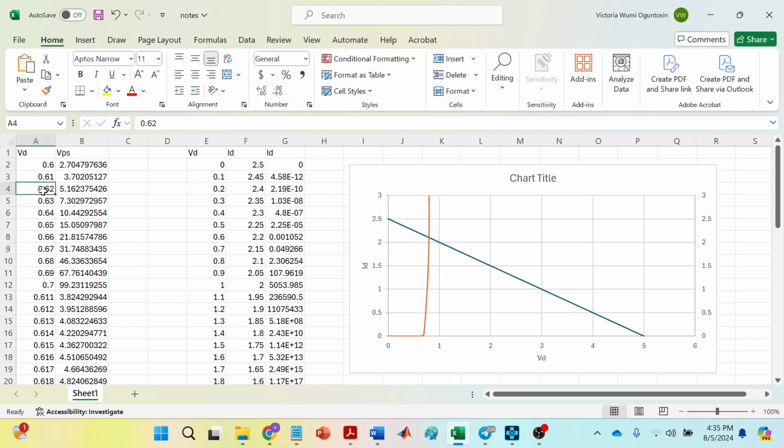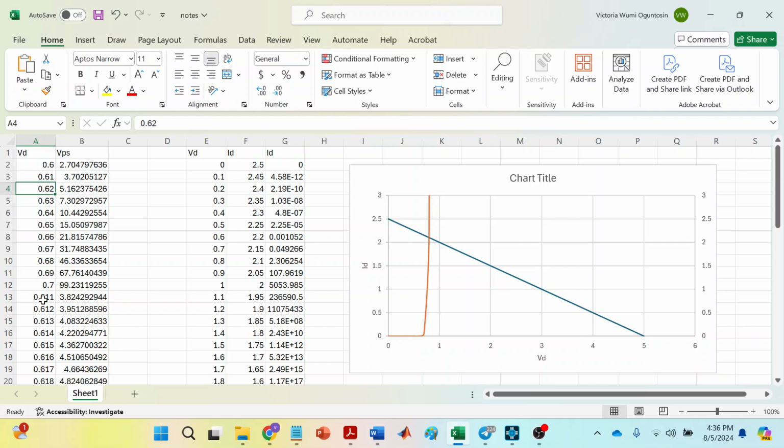So I began to change it till we get to 0.7 volts. So 0.7 volts is not practical because VPS is like 99 volts. So the closest value of VD is 0.62 volts, which will give you 5.16 power supply voltage. So it simply means that the VD is between 0.61 and 0.62.